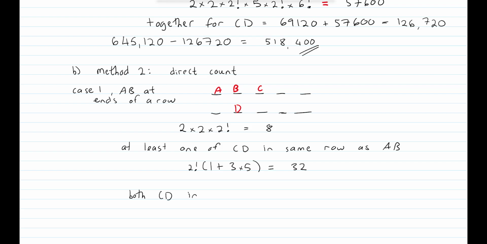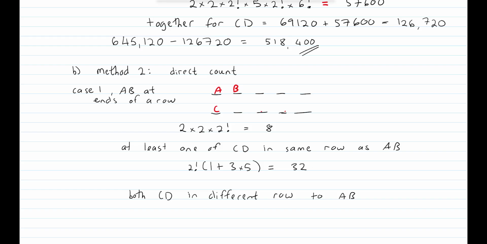Okay, or the other option is both C and D in a different row to A and B. Okay, and look at how we can do that. So basically, if we put one of them in seat 1, I'll just put C now.